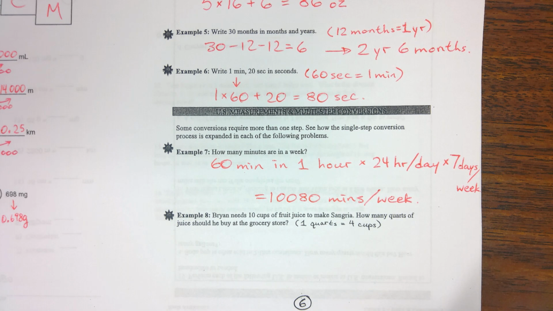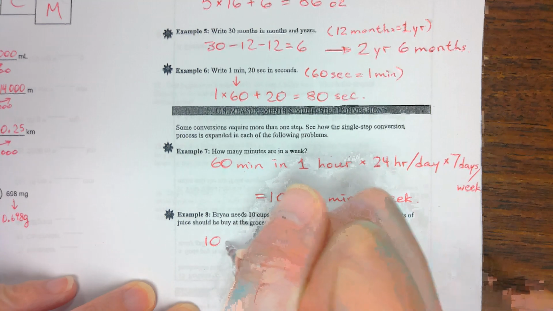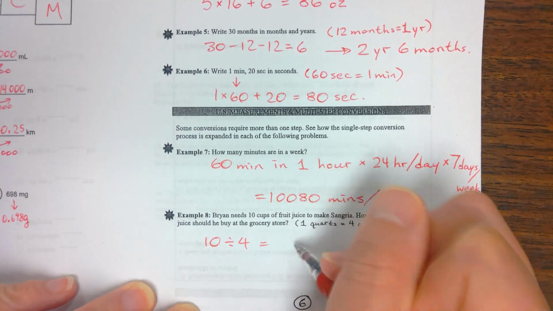What did you do? Okay, yeah. So this one, you're simply just doing 10 divided by 4.